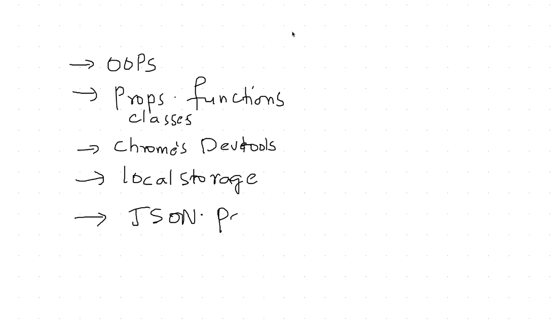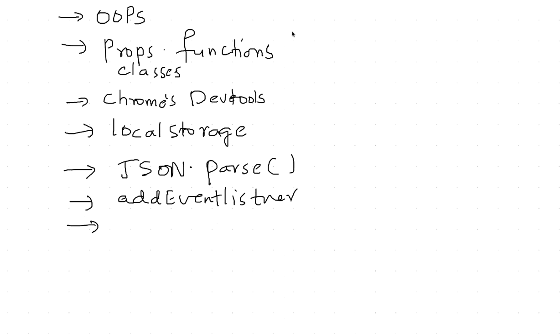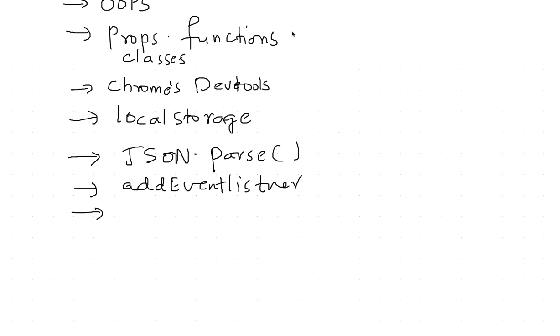This is one function that we came across. There are a few more functions that we discussed during this session. Okay, so JSON parse, add event listener, and we also saw one important function, that is dot push.